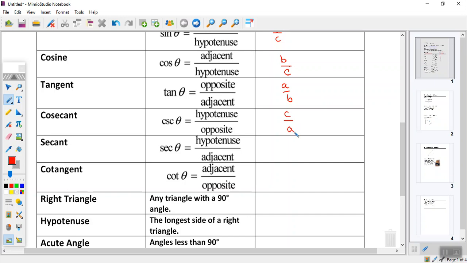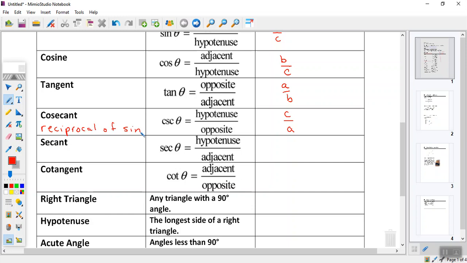Which one was A over C to begin with, those top three? Sine, right? How is the cosecant related to the sine? Okay, so it's the reciprocal. So the cosecant, you might want to write this down, is the reciprocal of what? Yep, the cosecant is going to be the reciprocal of my sine.